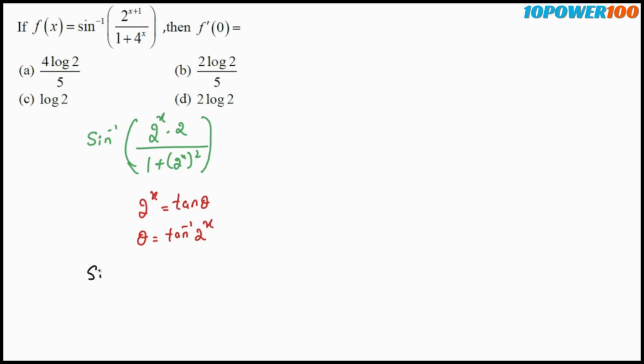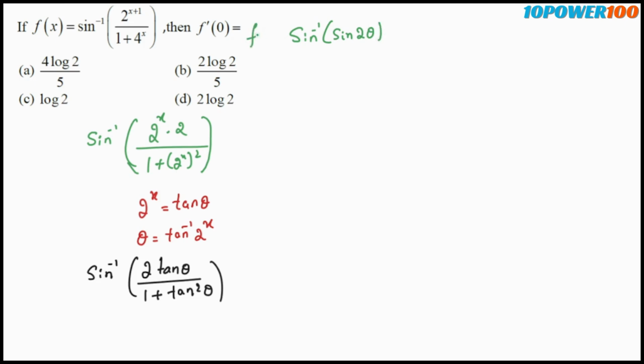We get sine inverse of 2 tan theta in place of 2 power x, divided by 1 plus tan square theta. So you all know this formula, that is the sine 2 theta formula, correct? So here I'll write this as sine inverse of sine 2 theta. This is f of x.